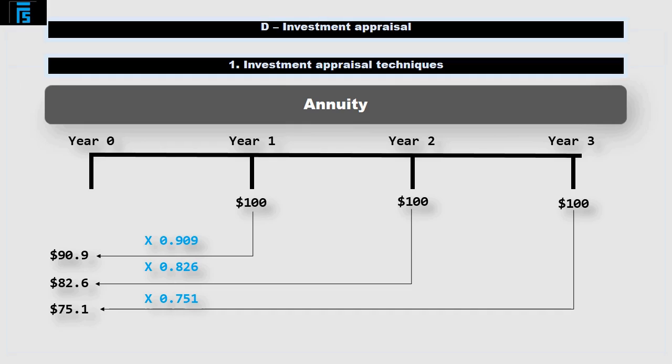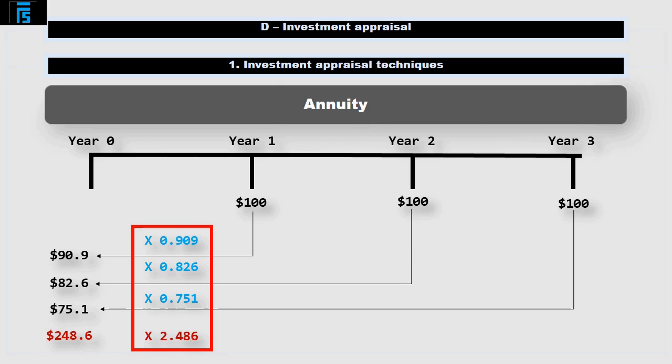So, the present value of this 3-year annuity is $248.60. A quicker way to do this would be to use an annuity factor. An annuity factor is simply the sum of the individual discount factors. In this case, the 10% 3-year annuity factor is 0.909 plus 0.826 plus 0.751 equals 2.486.